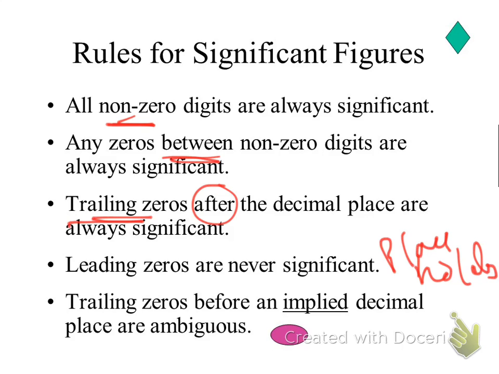An example of that fourth rule is 0.0075. The first 0 doesn't count, because it's just emphasizing where the decimal is. And these two zeros don't count either. They are leading zeros after the decimal, so they are not significant. So I put a check over the 7 and a check over the 5. So I have 2 sig figs here.